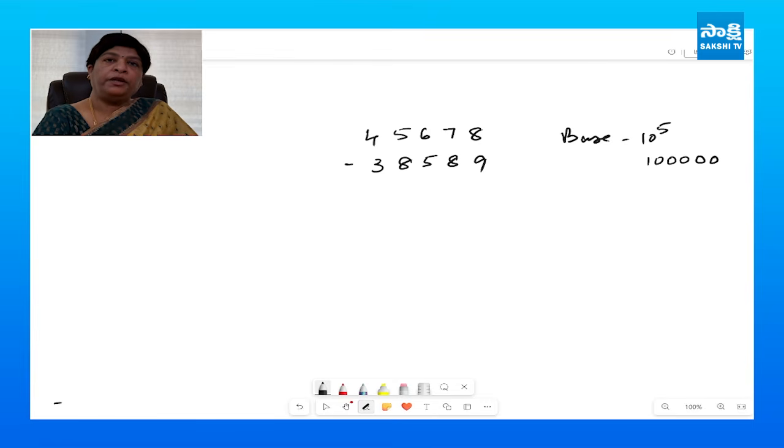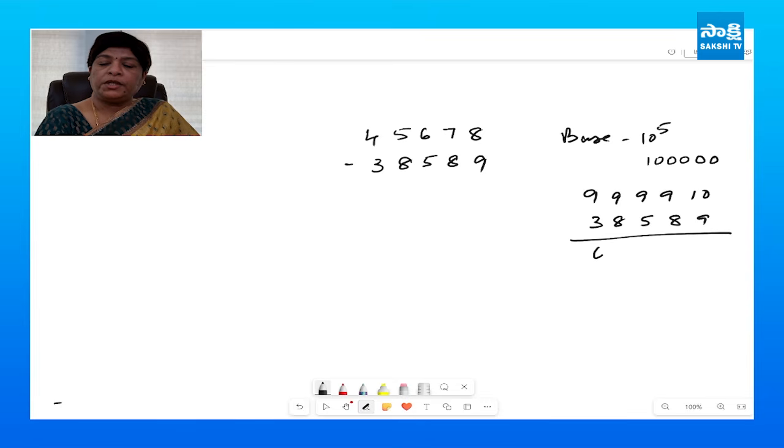Then we need to find the Nikilam for the negative number. So all from 9 and last from 10. 3, 8, 5, 8, 9 gives us 6, 1, 4, 1, 1. 61411 is the Nikilam of 38589, or the tens complement of 38589.